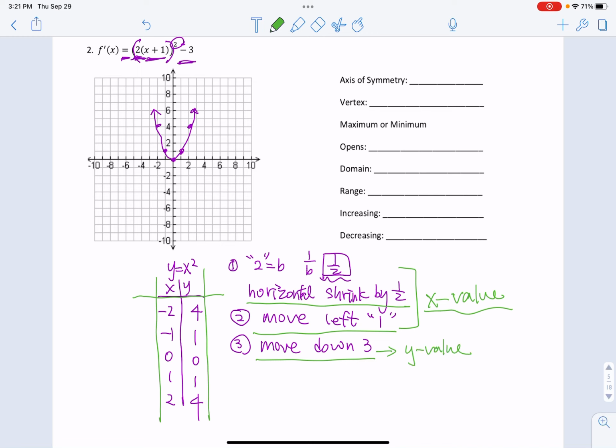Horizontal shrink by 1/2 means we multiply the x by 1/2, and move left 1 means -1. So the new x value we find by multiplying x by 1/2 and then subtracting 1. And the new y value we find by subtracting 3. So y minus 3. That's how we find the new x value and new y value.